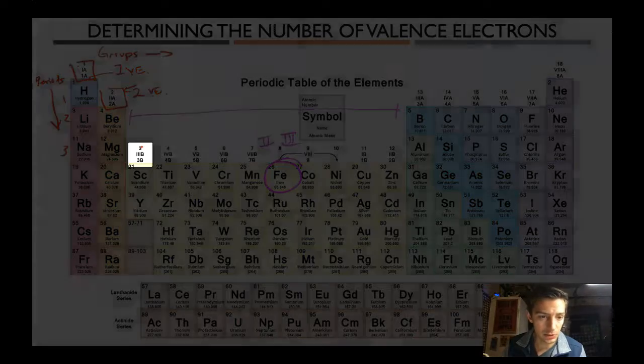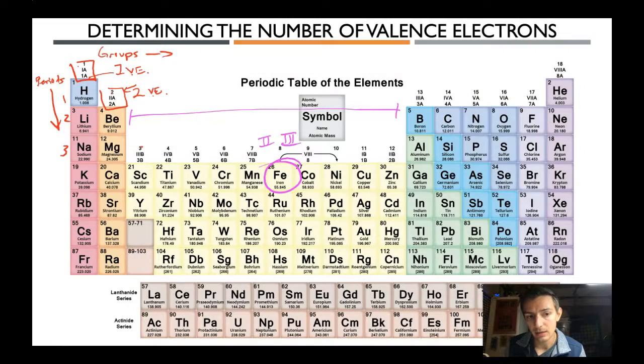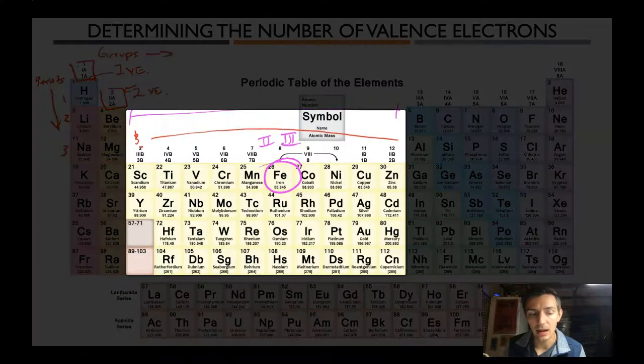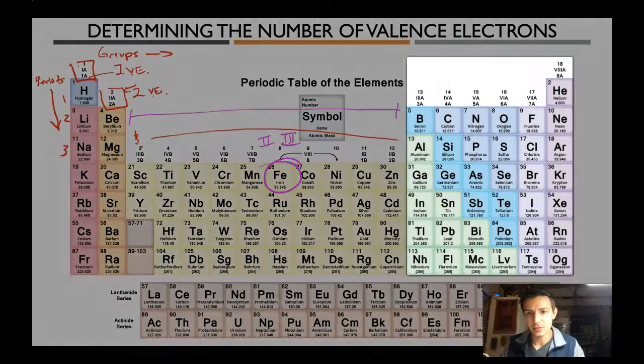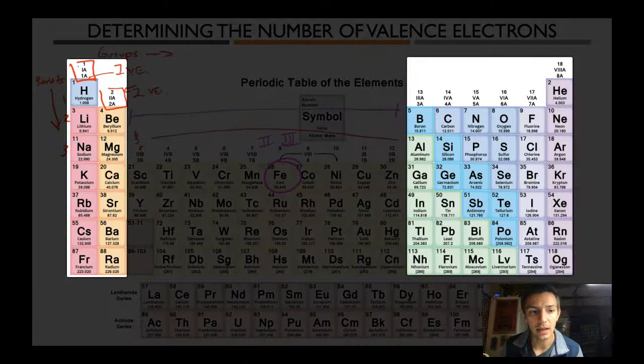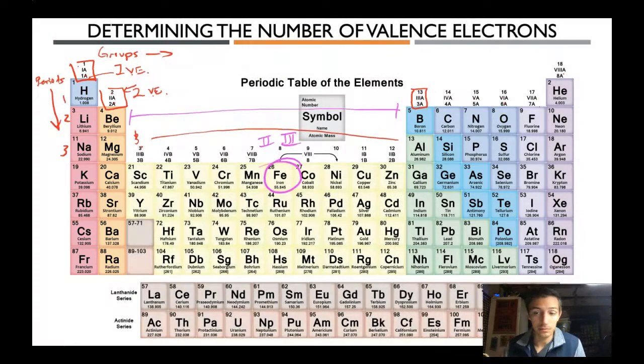So we still call this group group 3, but it's called 3B. These are the B's down here, all the way down here. And everything at the top, not in the valley, we call those the A groups. So 1A, 2A, 3A, 4A, 5A, 6A, 7A, 8A. And the reason they do that is to simplify how many valence electrons it has, because this is a tool meant to be used by students and chemists alike.